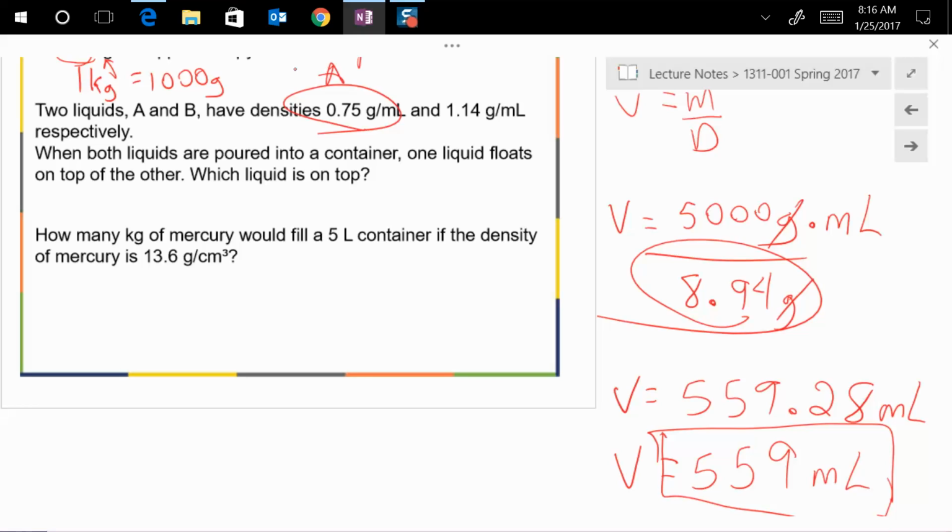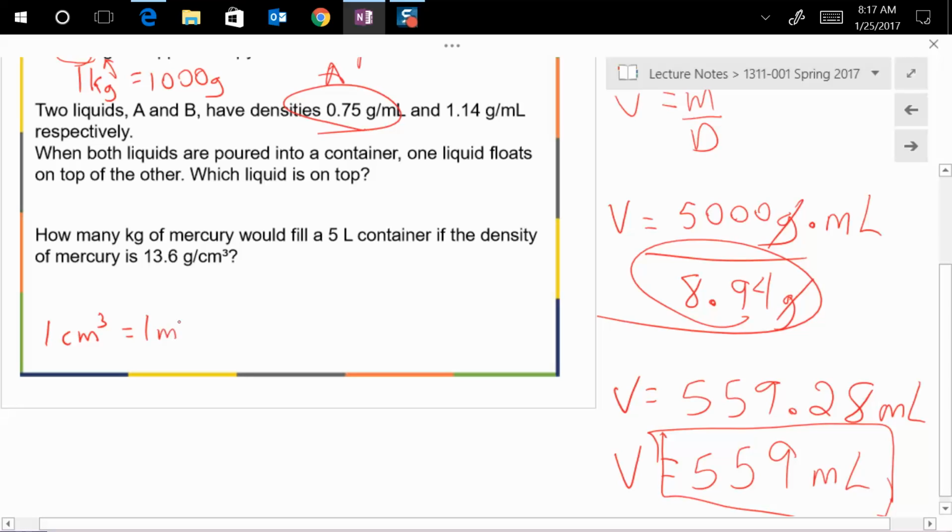Number 1, think about, what am I solving for? Make sure that everything's in the correct units, and then answer the question. I will tell you this. 1 centimeter cubed equals 1 milliliter. They are equivalent. Okay?